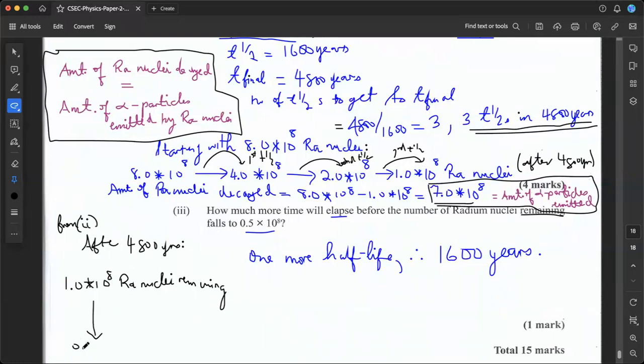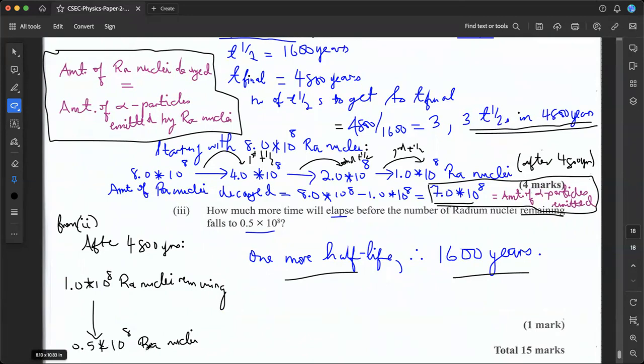So that's literally one more half-life. If we go through one more half-life, we'll end up with 0.5 times 10 to the 8 radium nuclei. So we need one more half-life, which is 1,600 years, to get from this 1.0 times 10 to the 8 down to 0.5 times 10 to the 8.